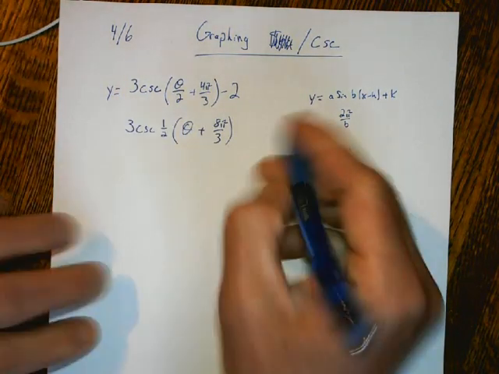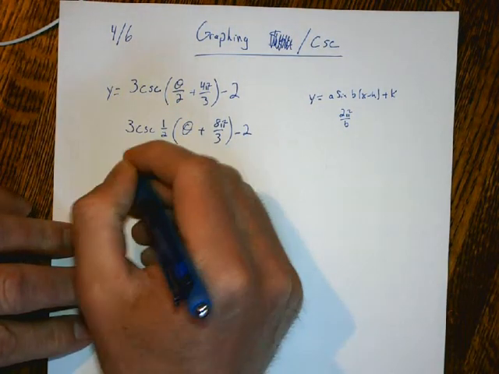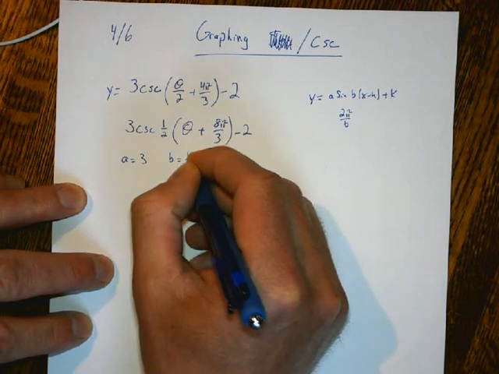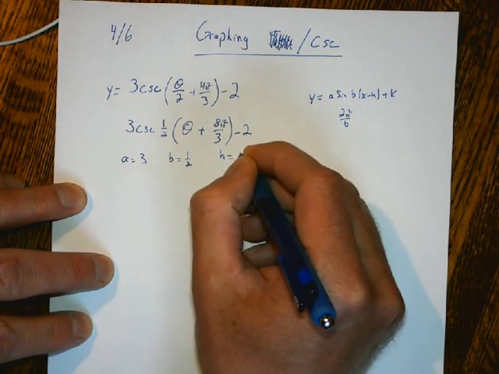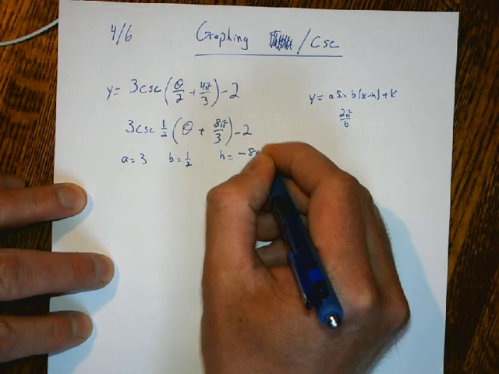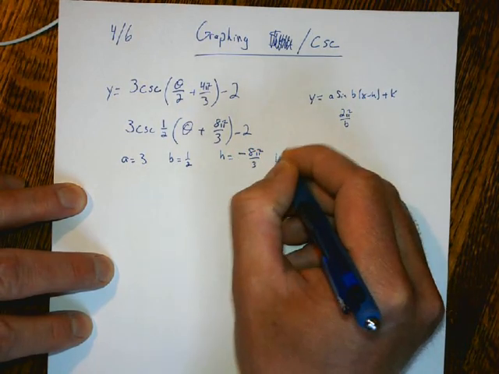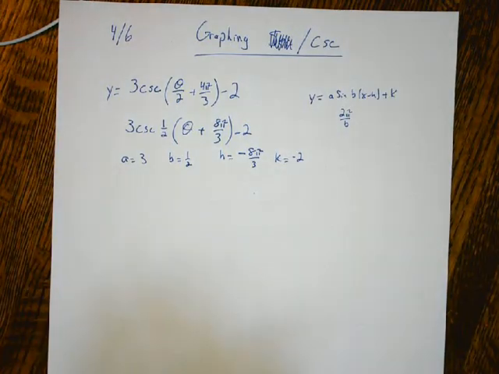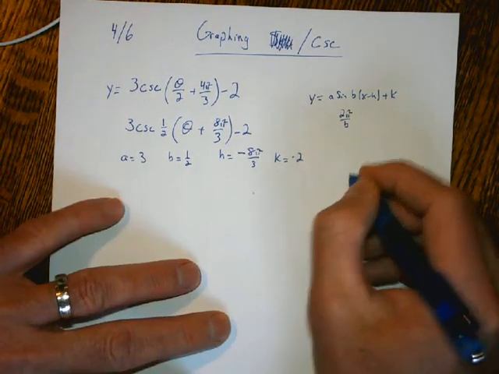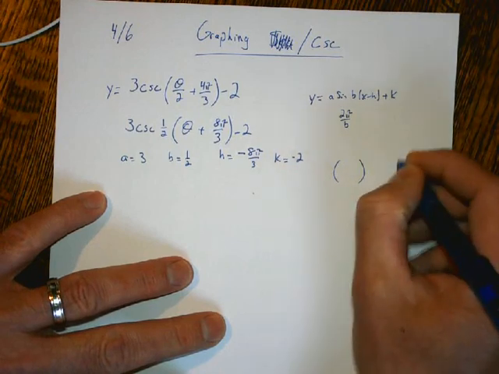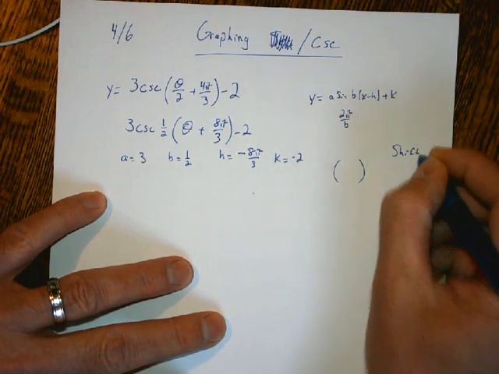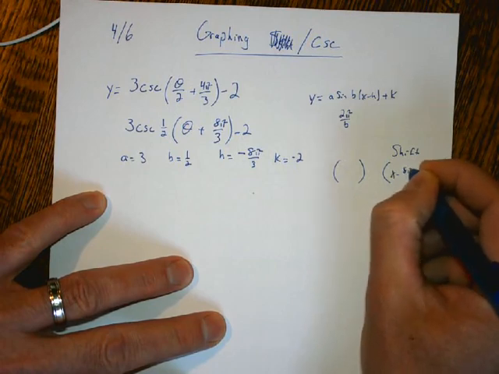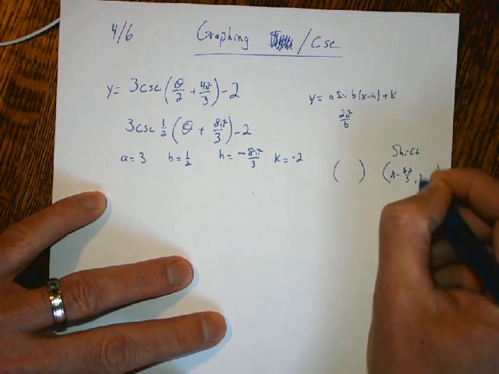Minus 2. So we have an a of 3, a b of 1/2, an h of negative 8 pi over 3, and a k of negative 2. So that gives us some funky shift here. So we have our parent and our shift. It's going to be x minus 8 pi over 3 and y minus 2.